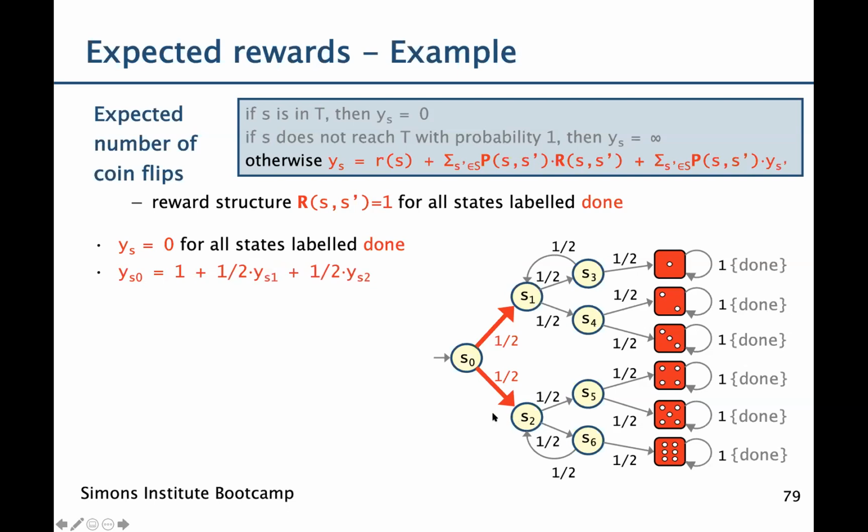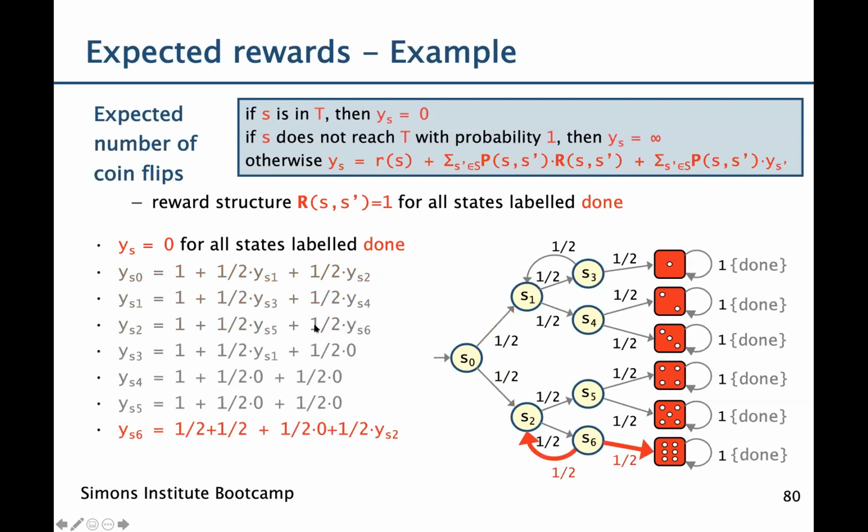Then we can simplify that to this form given here. And if we keep going, I can also show you state S6. So we get the same thing, that we sum over our transition rewards, and then here it would be 1/2 multiplied by 0, as this is in our target set, plus 1/2 times y of S2.